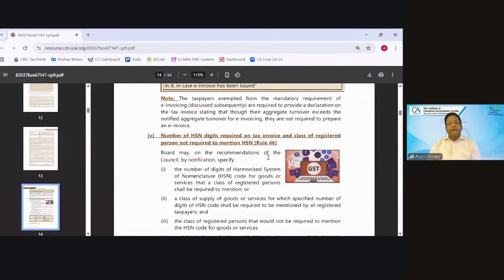Okay. How many digits of the HSN code are mandatory? Can you tell me what is the requirement for HSN code? How many digits of the HSN are to be reported on the invoice? It is segregated based on the value, or based on the turnover.